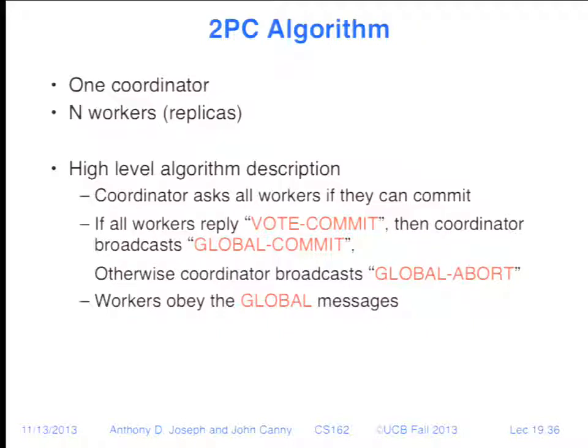And if everybody votes for commit, then the coordinator says global commit, which is the definitive announcement of the commit. But it has to be a unanimous vote, and it has to be heard from all of the workers. If the coordinator doesn't get a unanimous vote, it'll broadcast an abort, and the workers obey those messages.